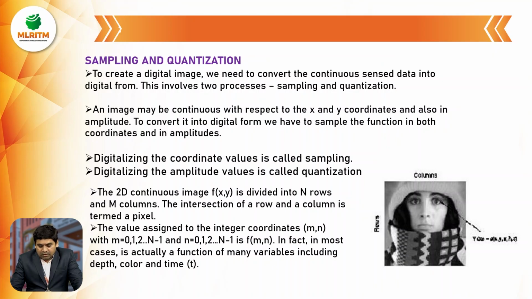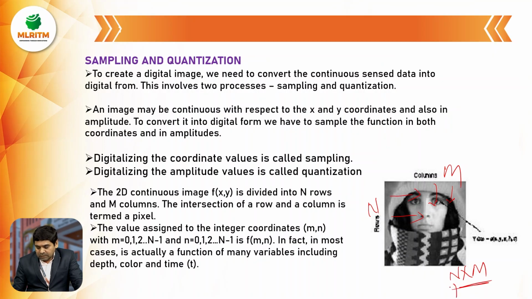The intersection of a row and a column is termed a pixel. As I told you, nowadays the term pixel is widely used, also known as image elements or pels. So one image consists of a number of rows and columns, where n is the row and m is the column. The size of the image is n into m.